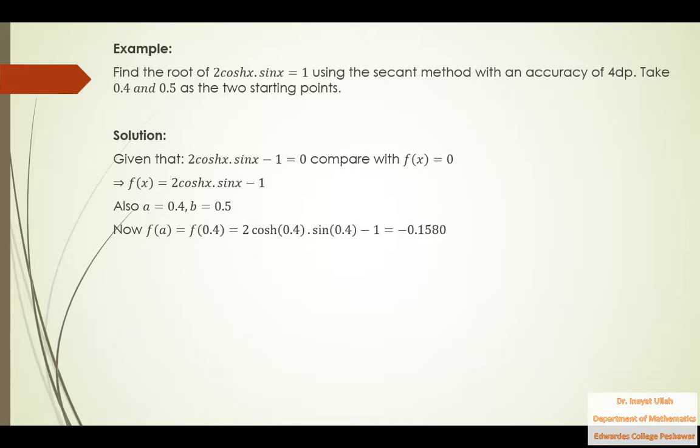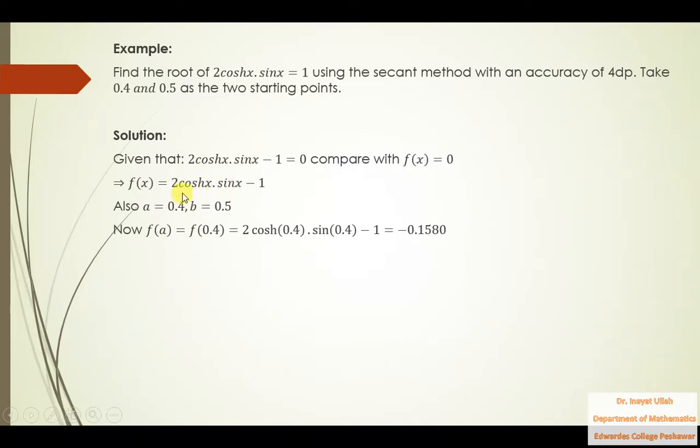First of all, we need to find f of a. Put a instead of x here. F of a means f of 0.4, so that will be 2 cosh 0.4 sin 0.4 minus 1. Remember that your calculator must be in radian mode whenever you are dealing with trigonometric or hyperbolic functions.